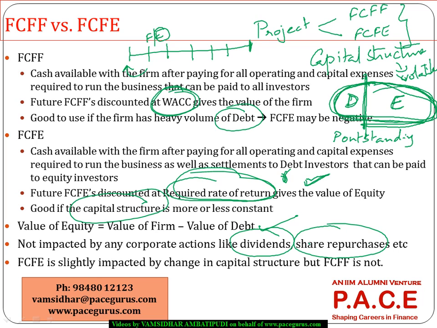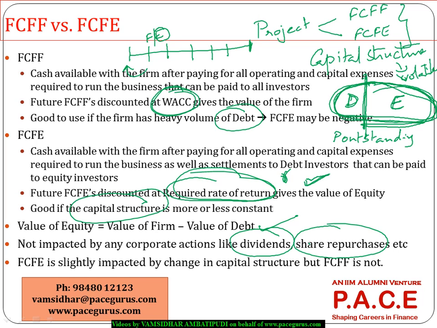So, but what we are trying to compute at the layer of FCFF or FCFE is one layer above the dividend itself. How much cash is really available with the firm? Whether it pays a dividend or not, it is as per its dividend policy. We are not even coming to that step. We are simply looking at what is the cash that is available.